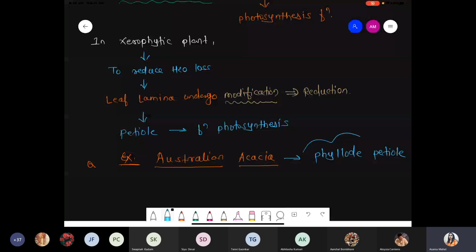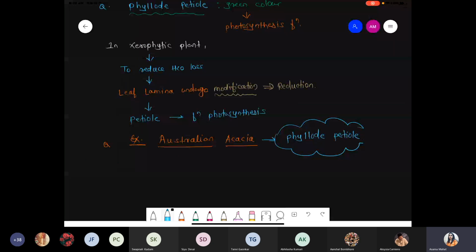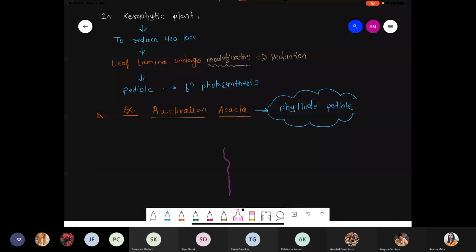So I'm writing some information. Basically हमने दो condition अब तक देखे थे. We discussed one point, that is phyloclade. I hope you remember. Last class we discussed about the phyloclade. And now today we are talking about phyllodes.